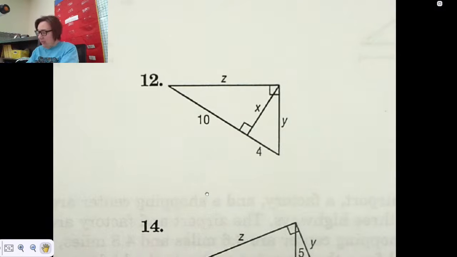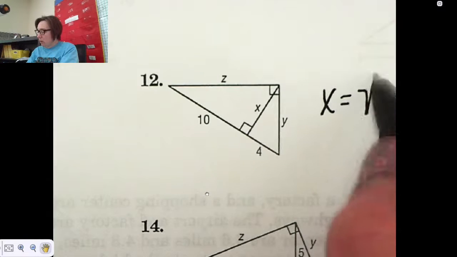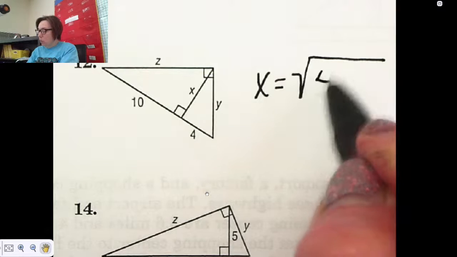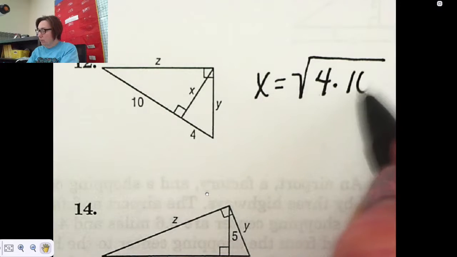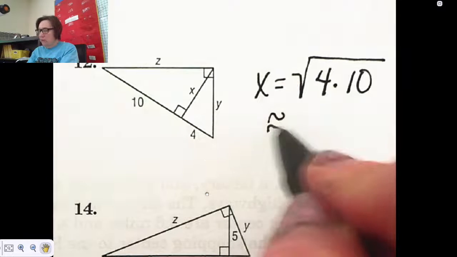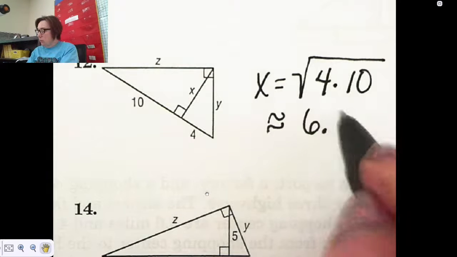If we want to find x, our altitude, we're going to do the square root of what? 4 times 10, right? So what's that going to get us? Round to the nearest 10th. Brandon says it's 6.3.